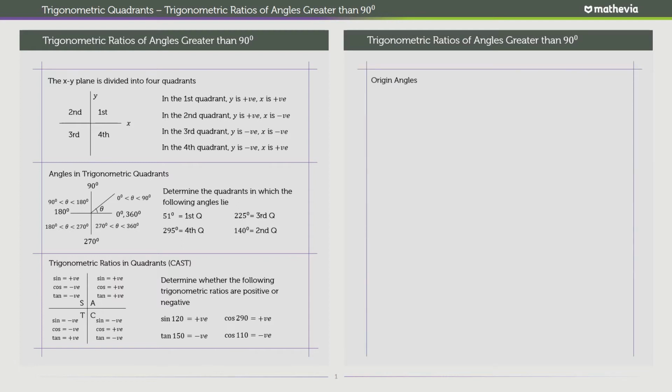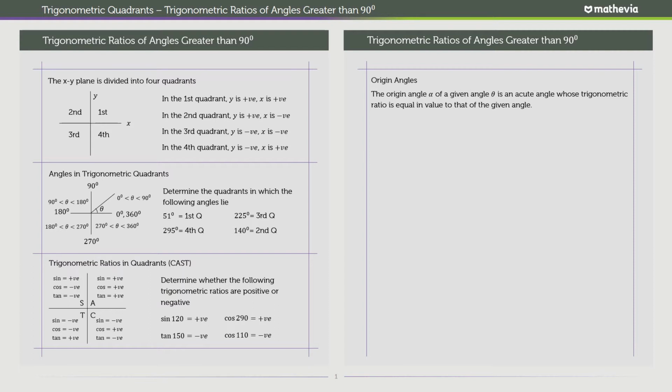To do that, we're going to be talking about origin angle. The origin angle alpha of a given angle theta is an acute angle whose trigonometric ratio is equal in value to that of the given angle. So let's just break this down.